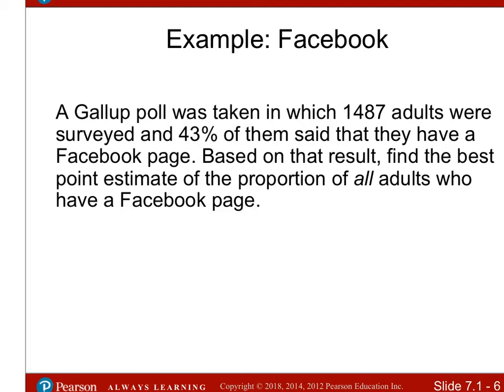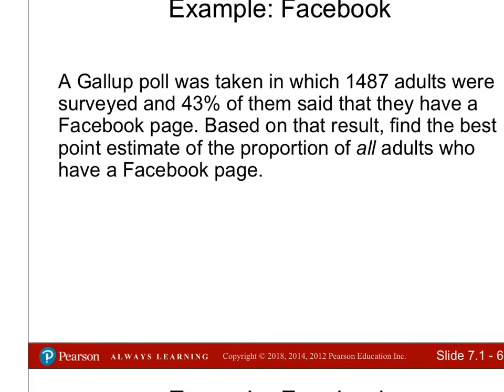Okay, 43%. So the reason we're doing a poll is we want to be able to say what's the proportion of all adults who have a Facebook page, right? And so the way we do that is by asking these 1,400 people. But we really want to estimate the population proportion.